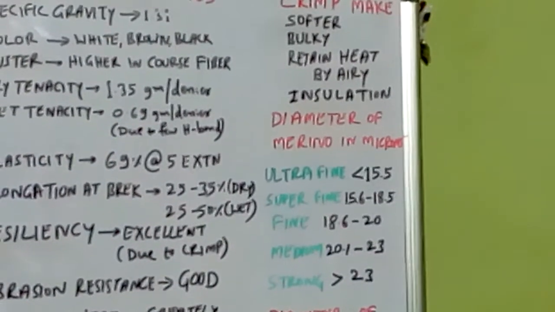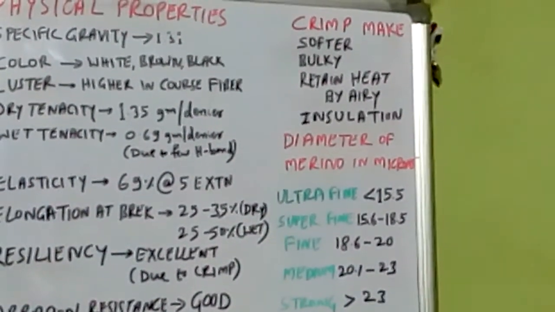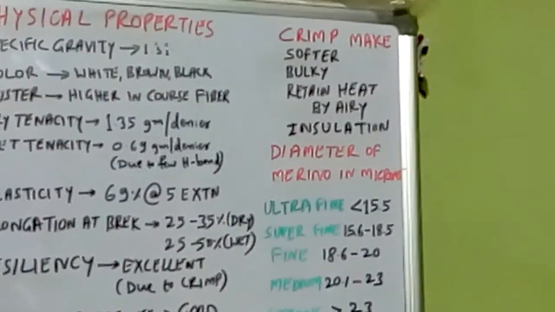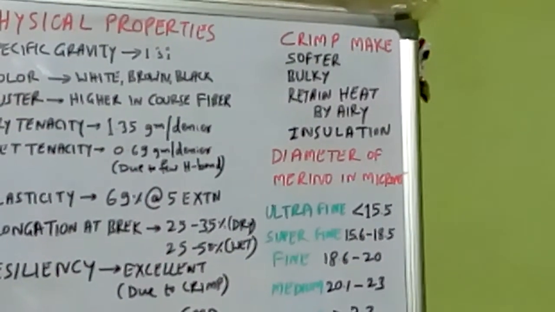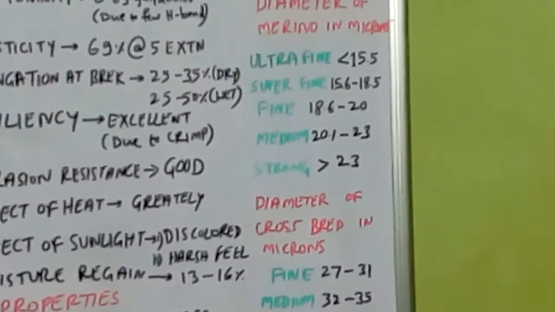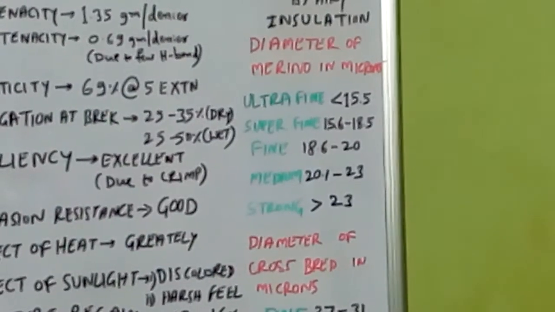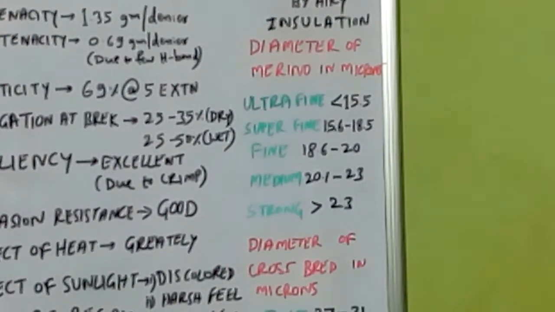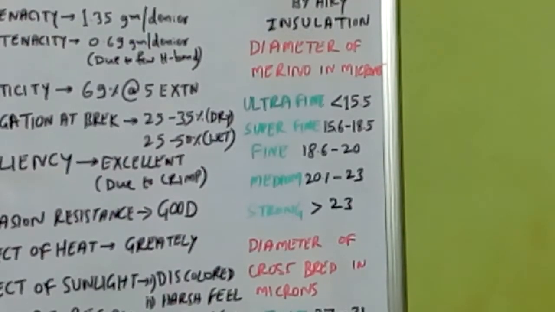Compared to other cashmere wool, mohair wool, angora wool, and crossbred wool, merino is a good quality, fine quality fiber, and different varieties of fineness are available in the merino category.